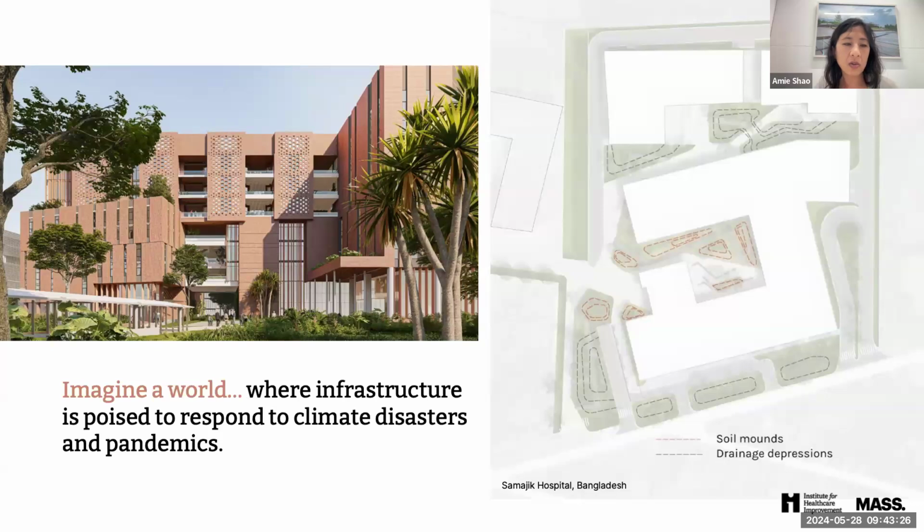And it was also designed to accommodate a future pandemic by co-locating the hospital and medical school into one larger site, so that during a pandemic, the medical school could provide spillover space for additional care and spaces that are needed. And the ventilation systems, both natural and mechanical, were also designed in anticipation of that kind of scenario.